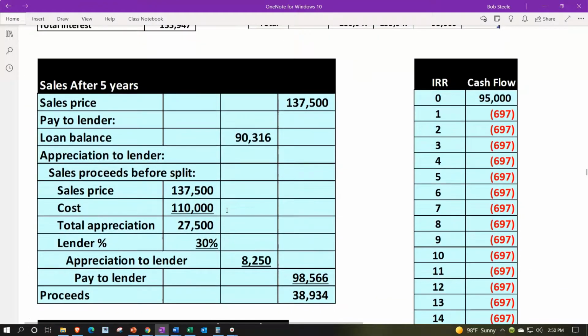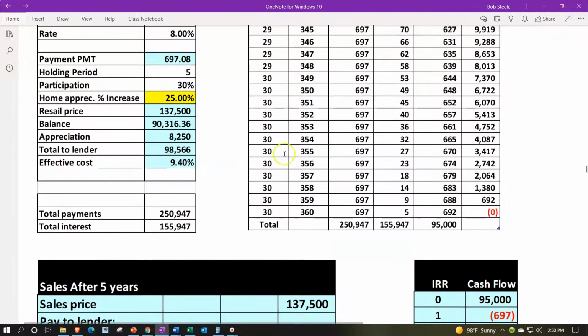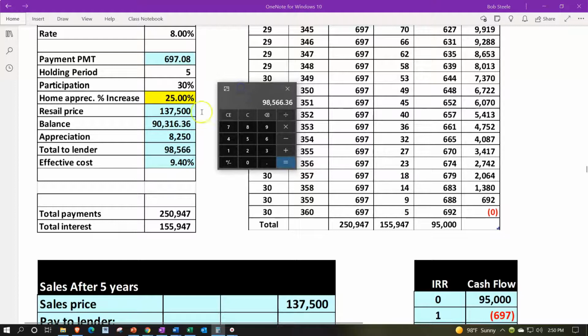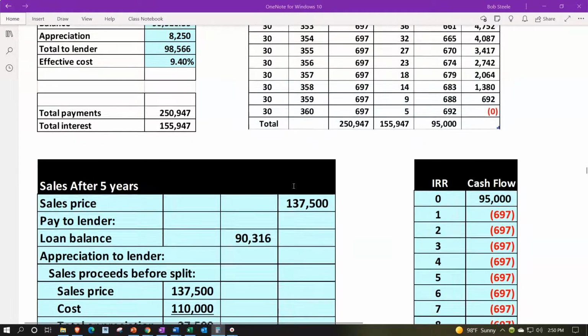So let's assume we were to sell it in 5 years and do those same calculations we looked at up top in a table type of format. If we sold it in 5 years for $137.5, and that $137.5 is something we'd have to assume up front, because we'd have to say, I'm assuming it's going to go up 25%, to try to see what the costs will be, considering we have to share part of that gain with the lender.